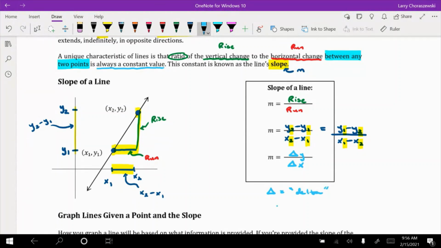And in the context of math application problems, it can sometimes refer to the expression change in. So with this very last version of M, we can read this off as change in y over change in x. It's helpful for application problems because we can model what's called a rate of change in this format. Okay, so things that are changing over time.